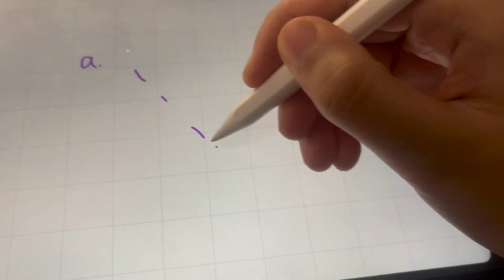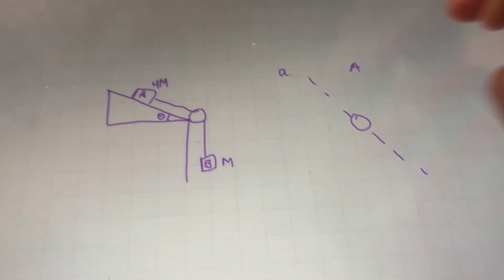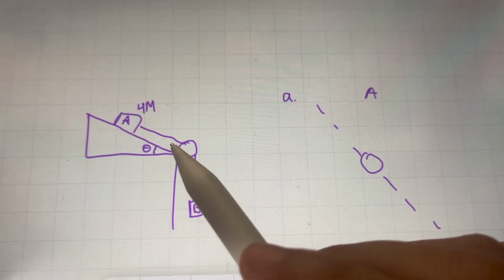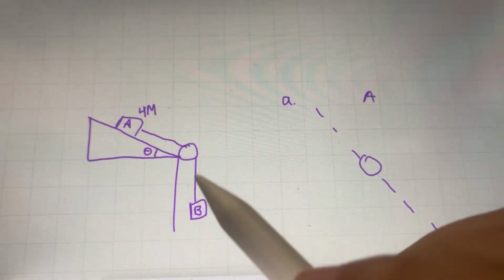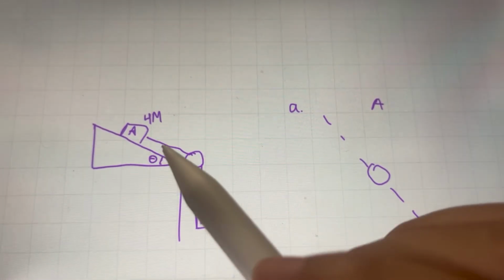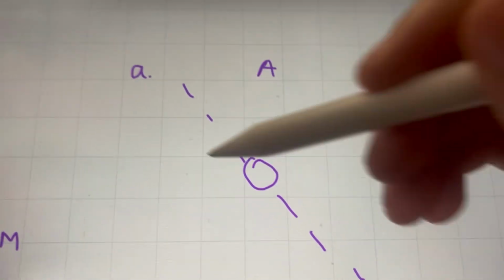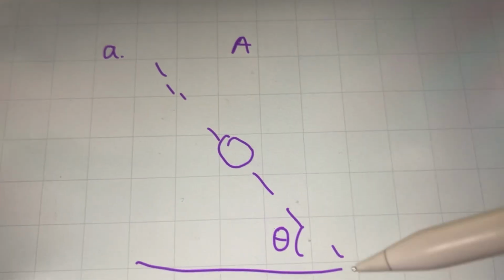This would be block A. It's really slanted, but they tell us that there's a string right here that's attached to A, and there's this thing that is pulling on block A. So we would start with, if this is the ground, I guess, and there's theta.